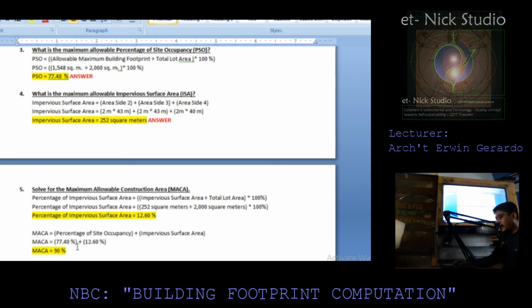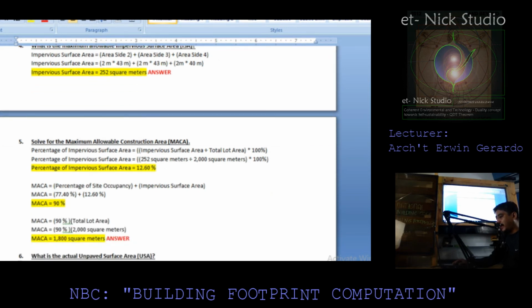So once again, 77.40% is derived from this figure, and 12.6% is also taken from that figure. So therefore, we just add this. Now, the maximum allowable construction area is equivalent to 90%.